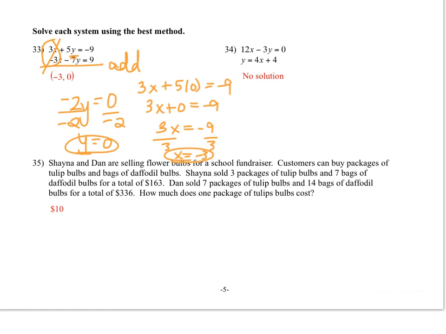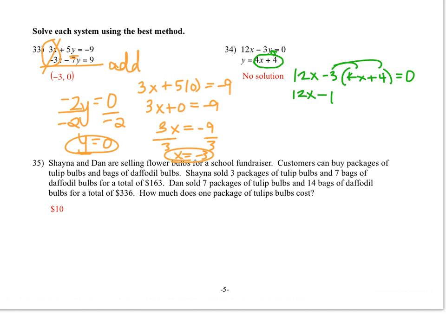Number 34 is a question where, because one of my equations is solved, we're going to plug that in for y. So when I rewrite, I've got 12x minus 3, parentheses, 4x plus 4. So notice I'm replacing the y. Now I want to distribute, so 12x minus, ooh, that's a 4.